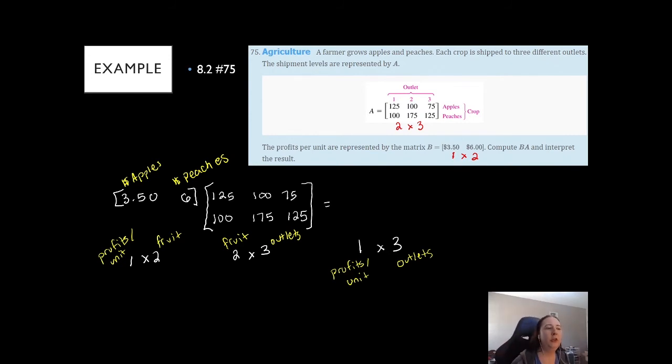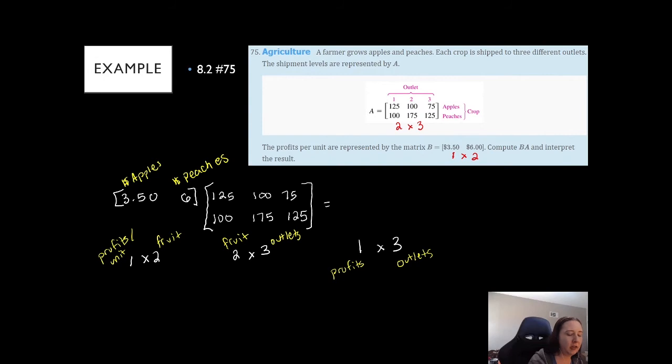And we don't really have a per unit anymore because now we're multiplying by how many of each unit we have, because that's what the fruit is representing, the number of units. So that per unit kind of goes away, and now it's going to tell us the profits for each outlet. So you can see what your output is, what is that matrix telling you? The matrix is going to give us the profits per outlet, and that's basically the interpretation.